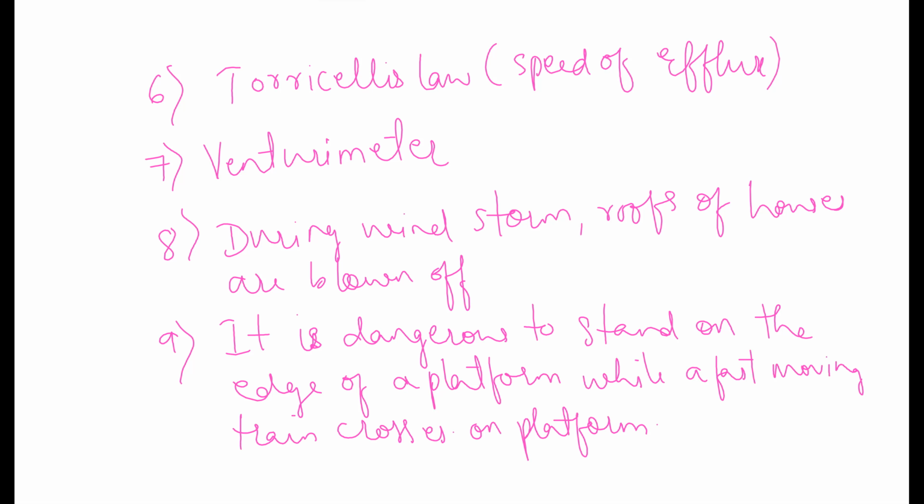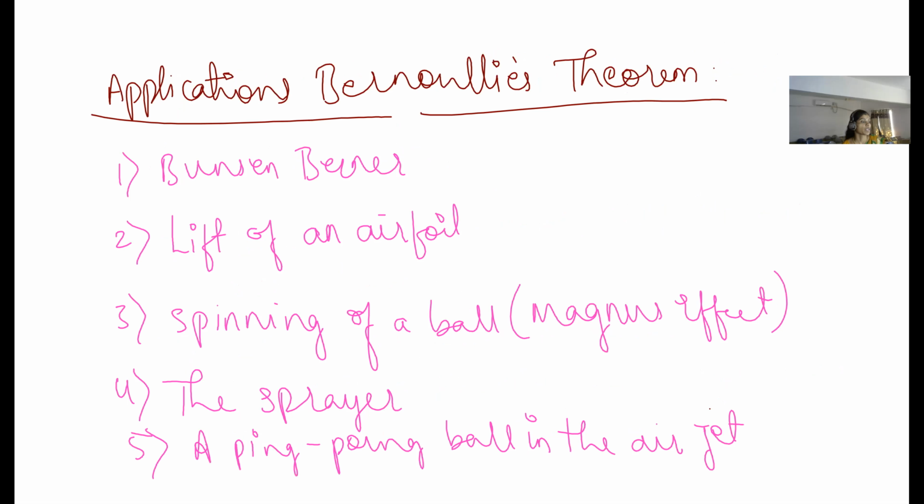So next we shall discuss one by one. We know we have this Bernoulli's theorem used in different situations. It is used in the Bunsen burner, in lift of an airfoil, and in spinning of a ball, which is also called the Magnus effect.